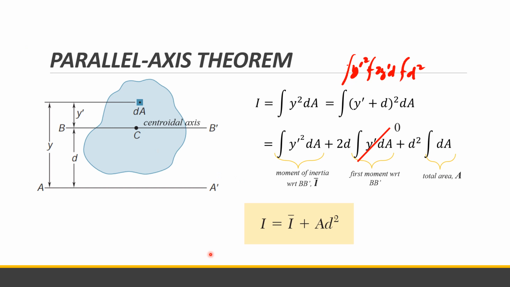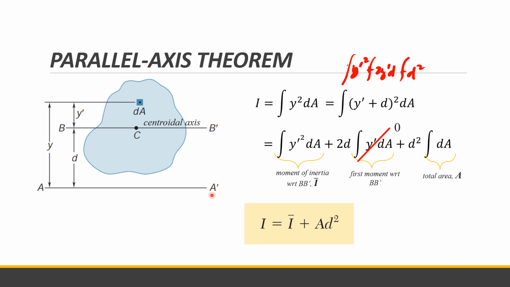This formula expresses that the moment of inertia I of an area with respect to any given axis, located away from the area or above the area, is equal to the moment of inertia I bar of the area with respect to the centroidal axis BB prime, which is parallel to AA prime, plus the product of the area and the square of the distance d between the two axes.